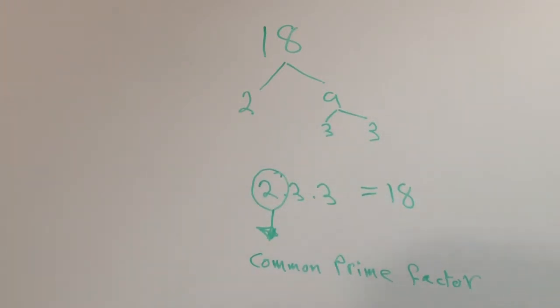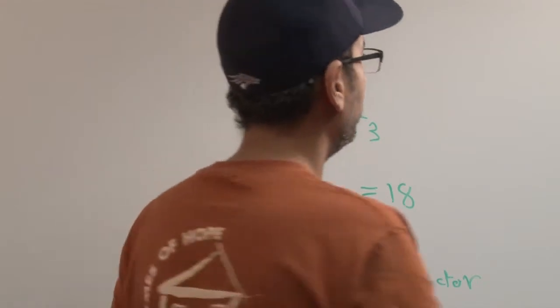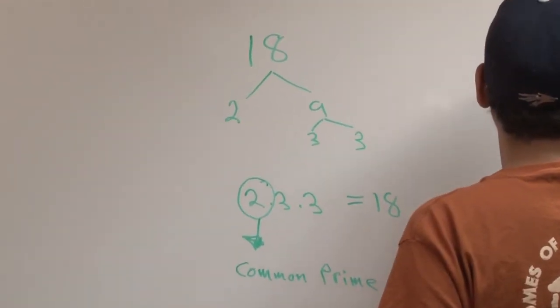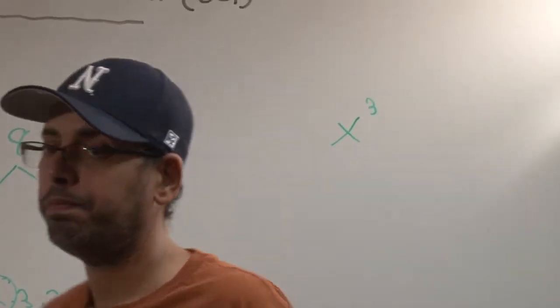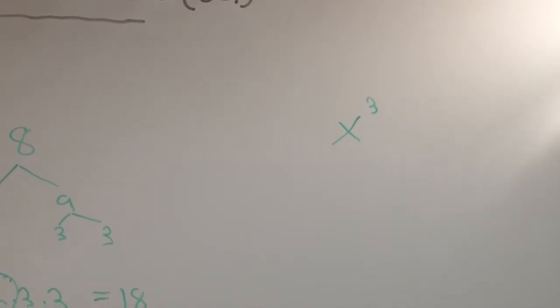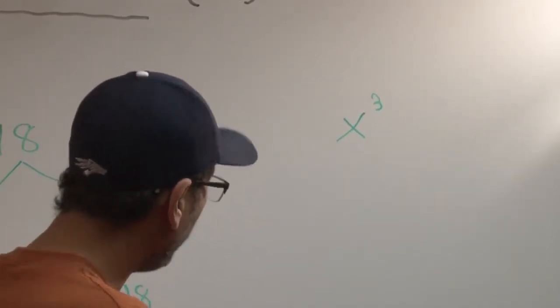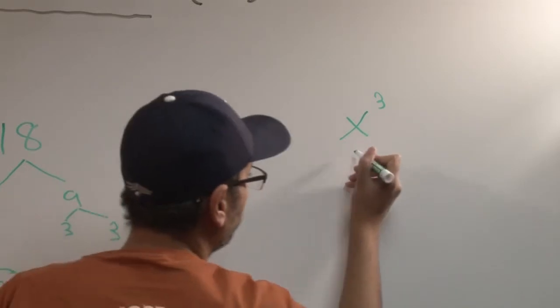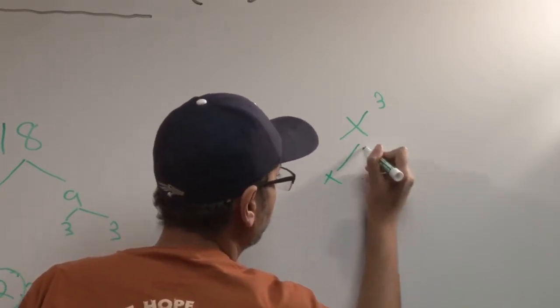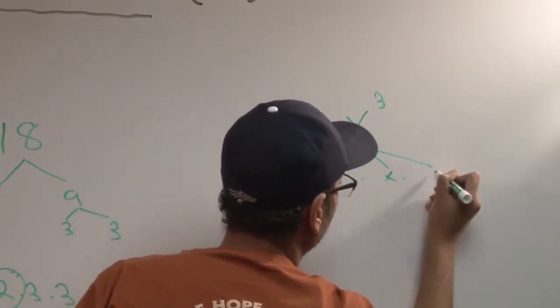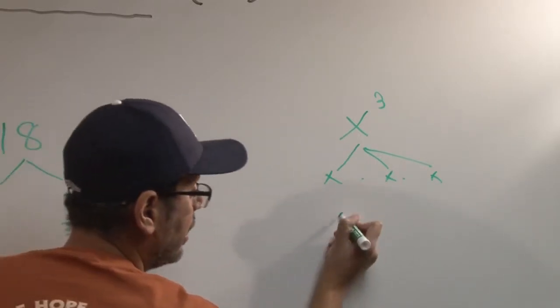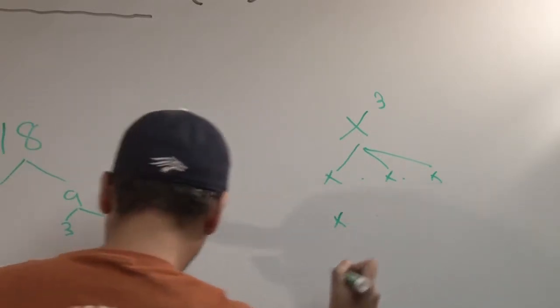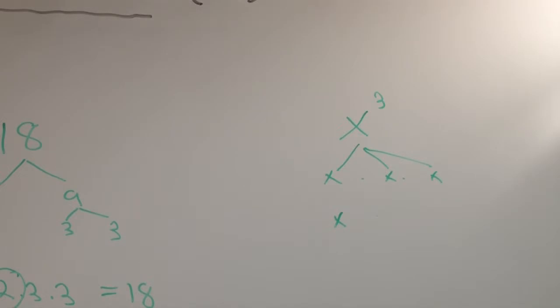All right, that's about numbers. How about something like x cubed? I need to do the same thing. X cubed could be x times x times x. So x is a common prime factor as well for x cubed.